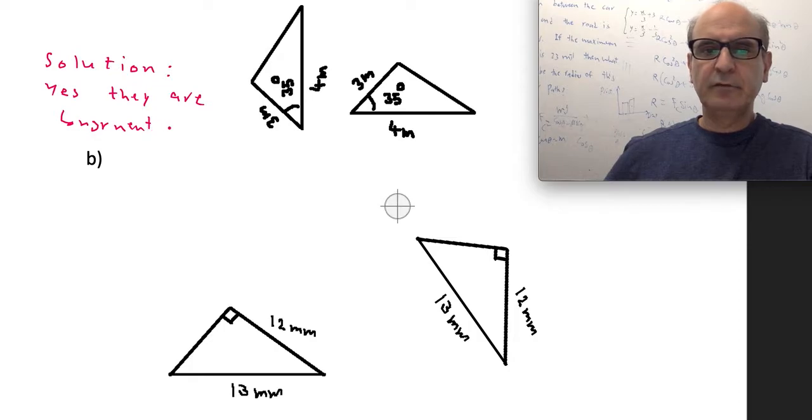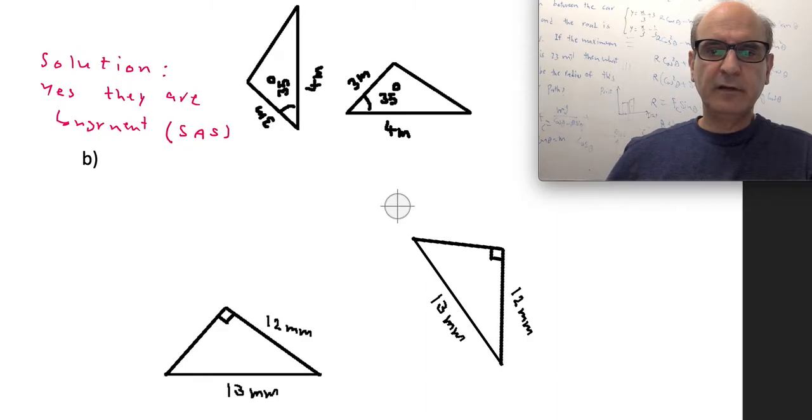And the reason for that is we have side, angle. So we write it side, angle, side. So you have two sides and the angle made by those two sides. Okay, that's for the first one.